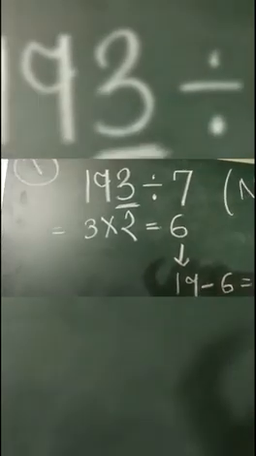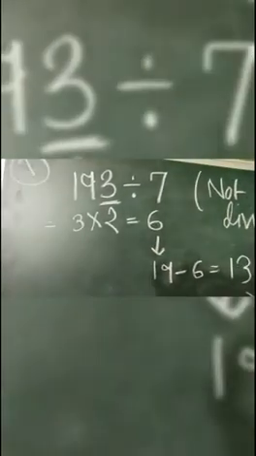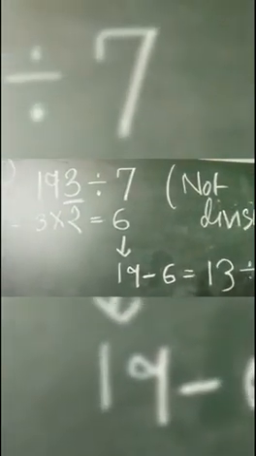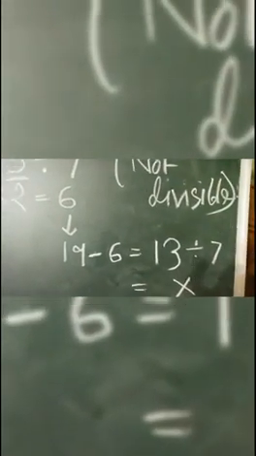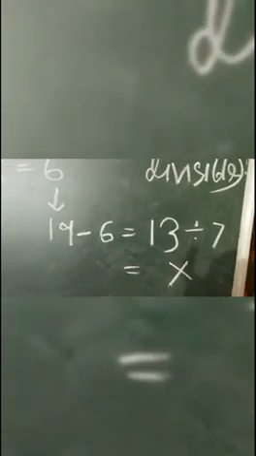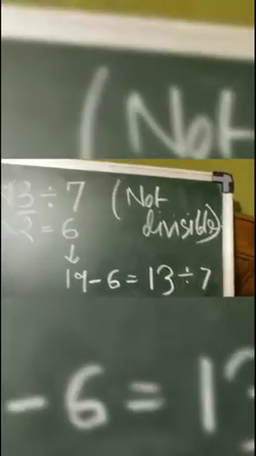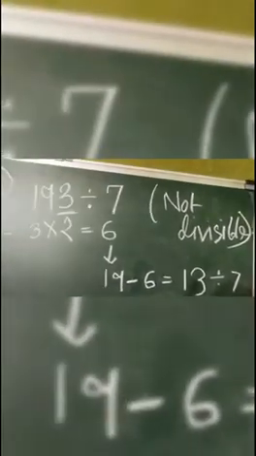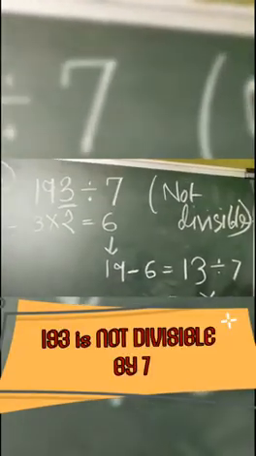Then we will subtract this 6 from the remaining number, that is 19. Then we will get 13, and it is very clearly seen that 13 is not divisible by 7. So we can say that the number 193 is not at all divisible by 7.